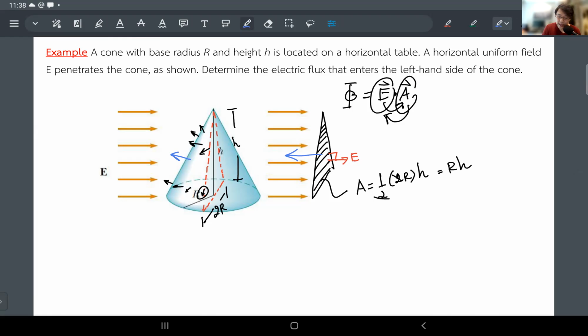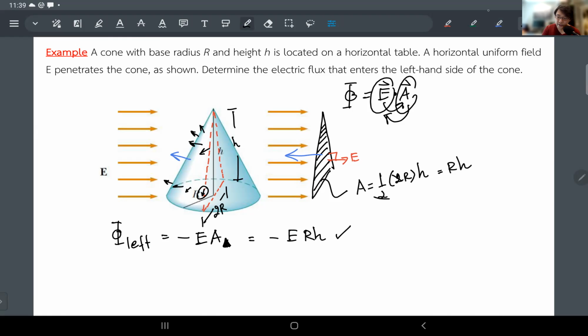So the flux for the left side is going to be negative E times the area of the triangle. Let me put a subscript black triangle right there. Does that make sense to you? Okay. And that is just negative E times R times H, and it's done.